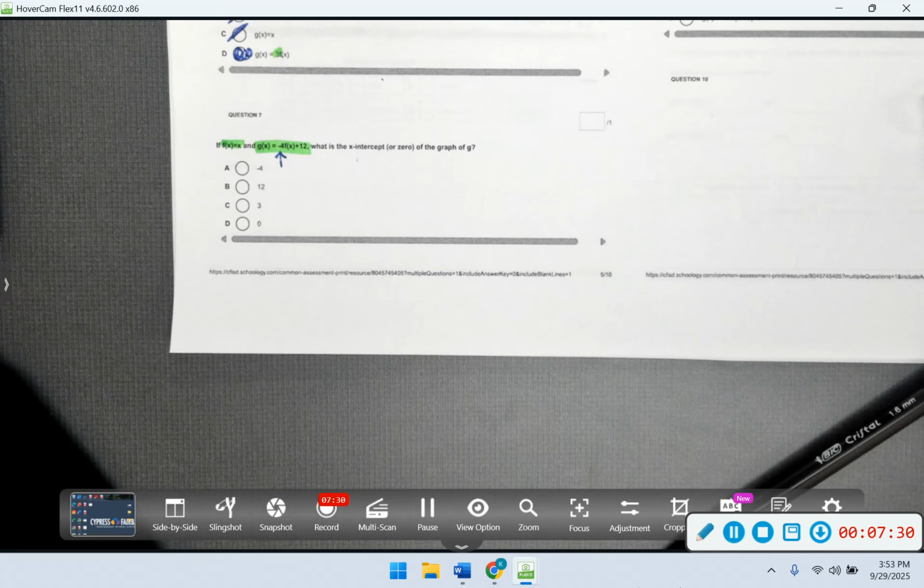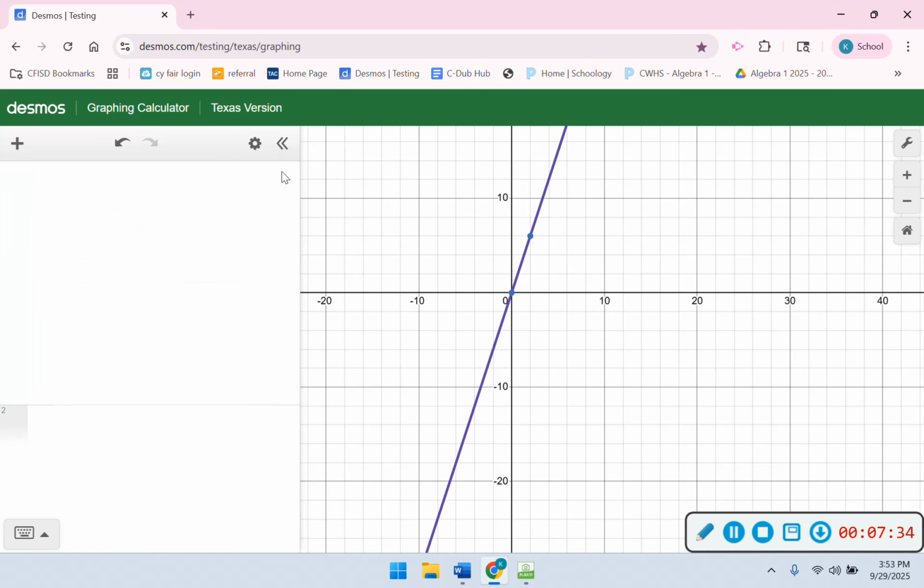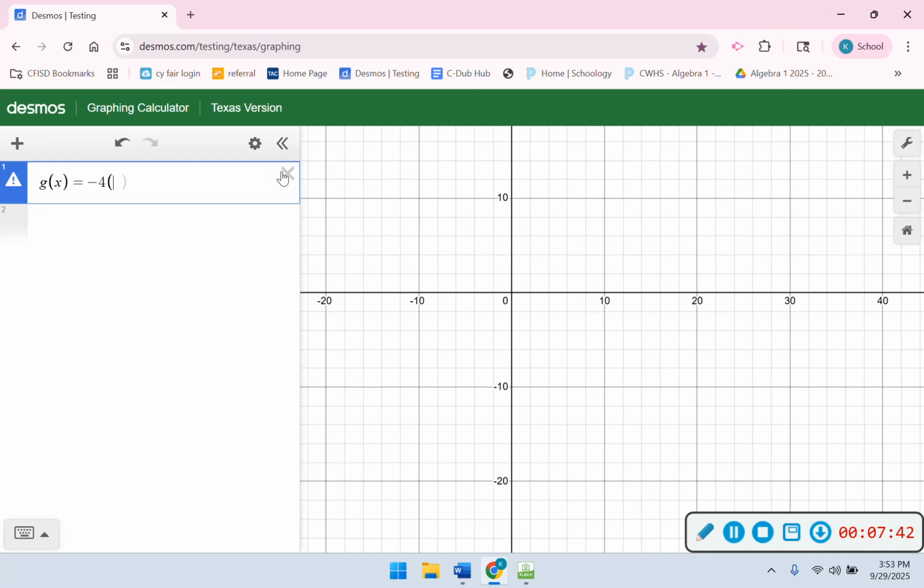So if I plug in g of x equals -4 times f of x, plus 12, it will not graph anything because I haven't plugged the parent function in first.